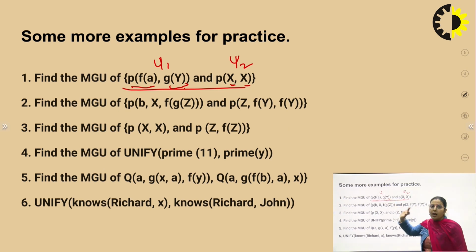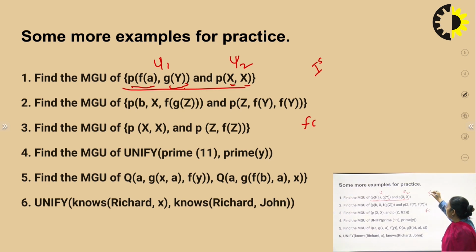This one is our psi1. Suppose it is the first iteration. In the first iteration, we find that f of a should replace x, right?